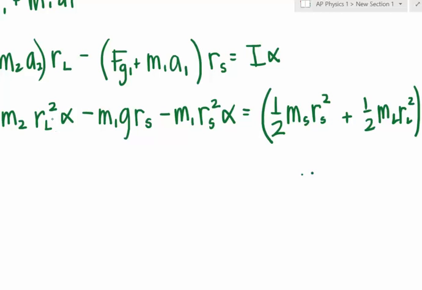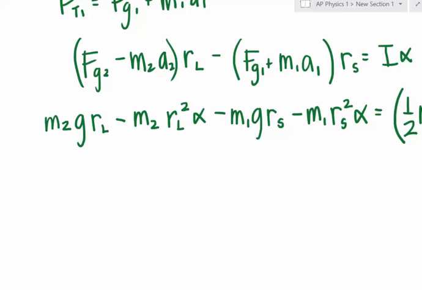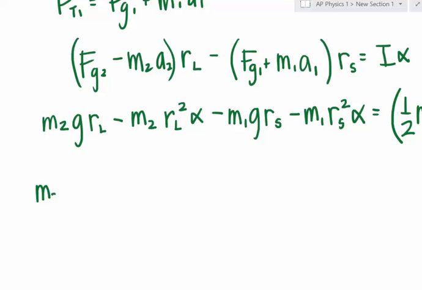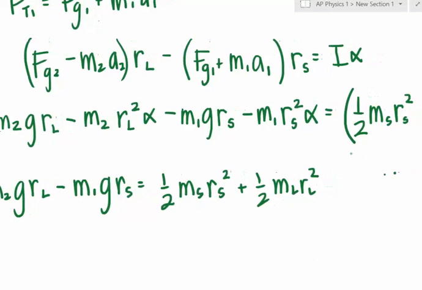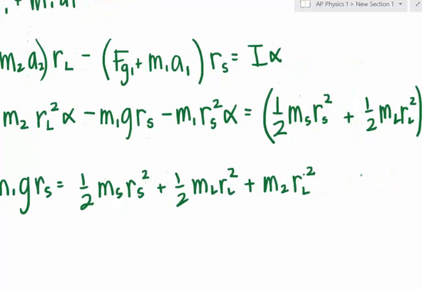And what it's going to look like is that we have our M2G R large minus our M1G R small will be equal to 1/2 M small R small squared plus 1/2 M large R large squared, and then we're going to add to it our M2 R large squared and our M1 R small squared.